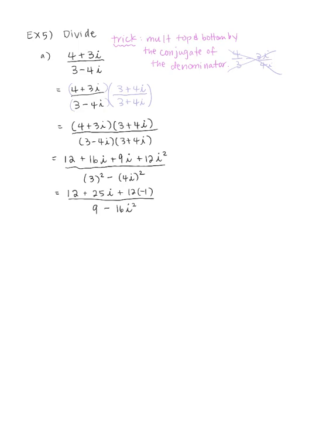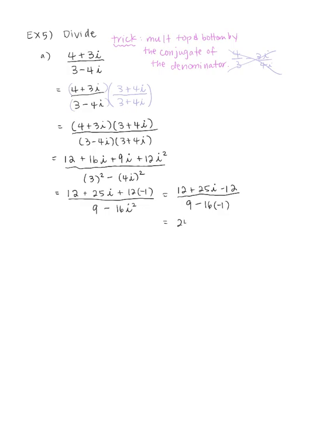All right, we can do this. So this is same thing as 12 plus 25i and then minus 12. Whole thing divided by 9 minus 16i squared is negative 1. All right, so then it looks like we're going to have, well, 12 minus 12 is 0.